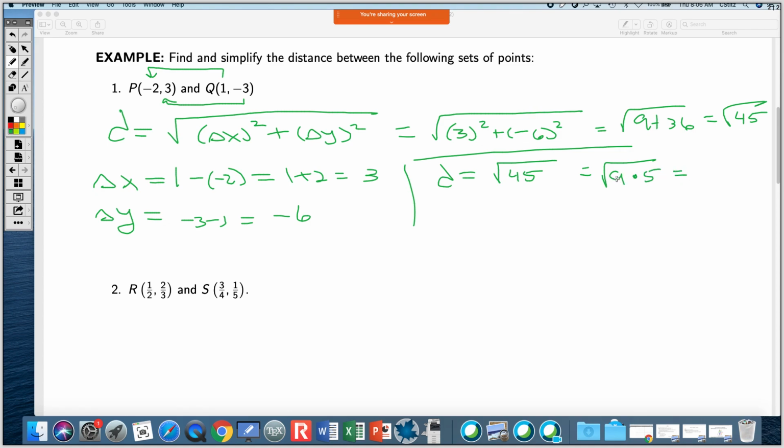Remember, square roots work well with multiplication. So my d is 3 root 5. And since they're asking for the distance, oftentimes we'll say 3 square root of 5 units. They didn't tell us if this was meters, inches, centimeters, light years, whatever. So the distance is 3 times the square root of 5 units.